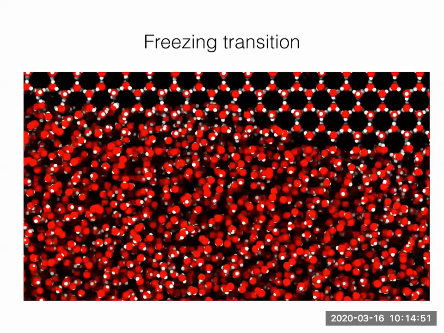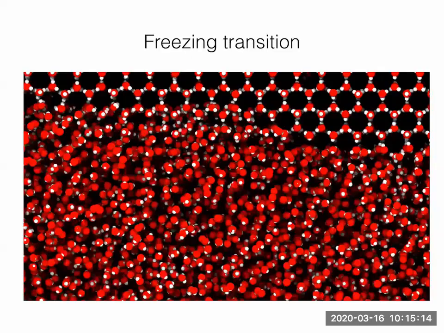This is a simulation. And what you can see is down over on the bottom left, molecules are disordered. This is a characteristic snapshot of a liquid. Over in the top right, you can see molecules are at very definite positions. Those are the lattice positions associated with the crystal of ice.